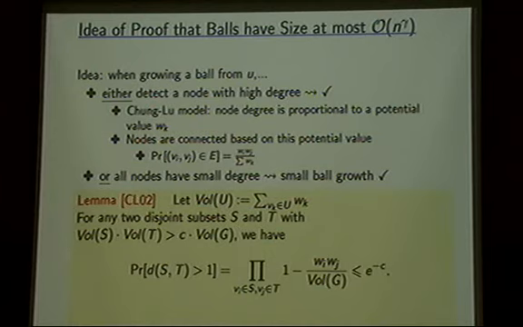Basically, if the volume of S times the volume of T is bigger than a constant C times the volume of G, where the volume of G is just defined as the sum of all W_k here, then the probability that there is no edge between S and T is at most e to the minus C.